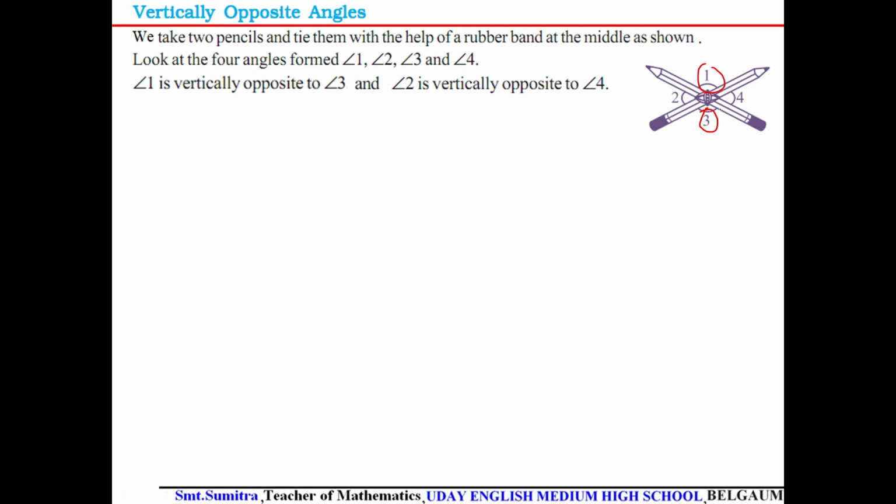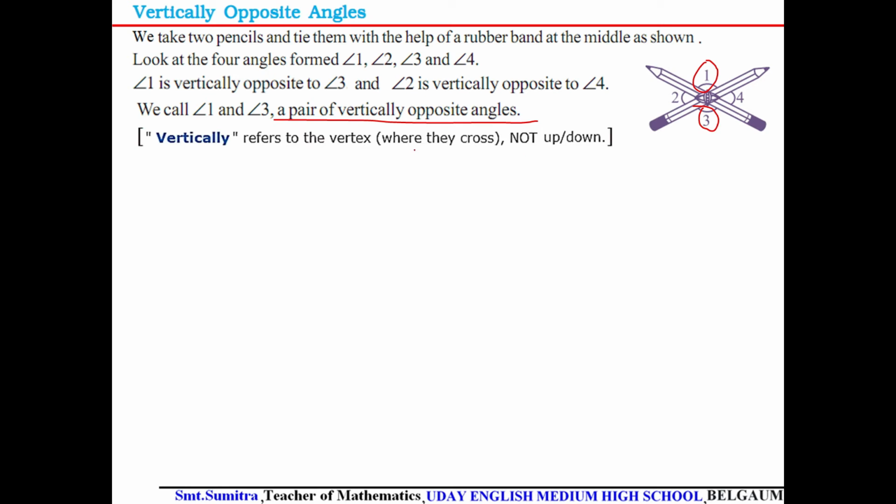Similarly, angle 2 is vertically opposite to angle 4. We call angle 1 and angle 3 a pair of vertically opposite angles. Please note that vertically refers to the vertex where they cross, not up or down.